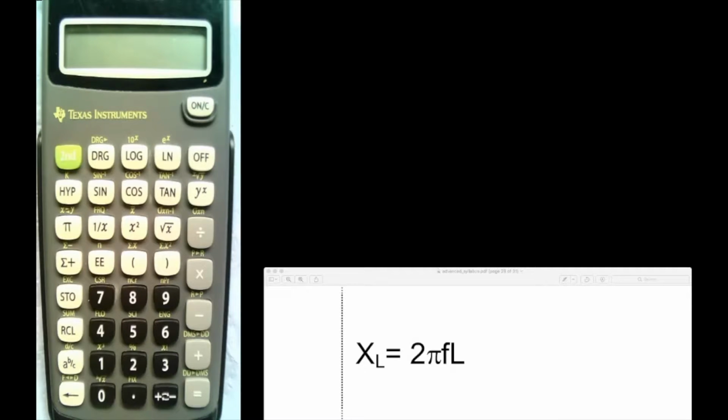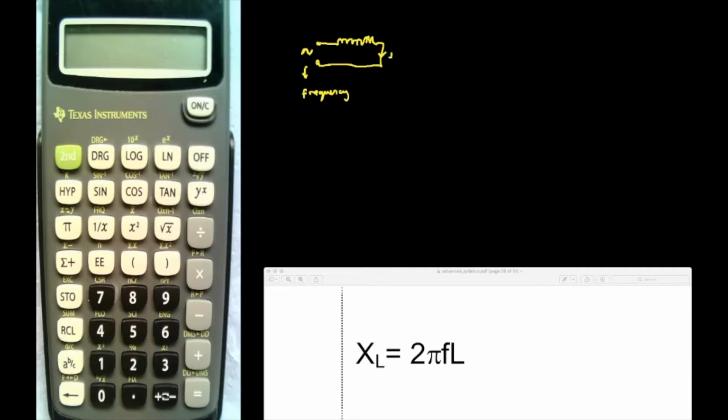So XL equals 2 pi FL. So here we have an inductor, not very well drawn, in a circuit, and we'd have some AC here, and the AC will have a frequency. And current will flow around the circuit.